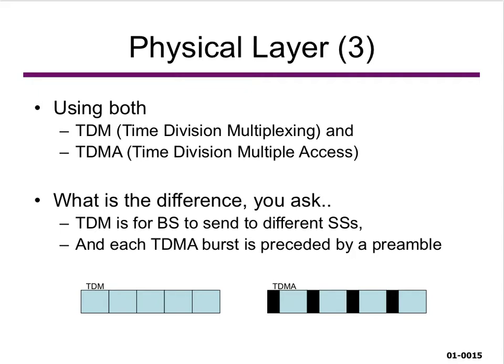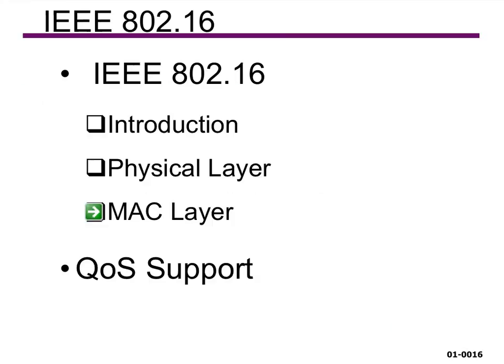If there is any clock drift, we need to account for it by having these gaps in between the time slots to compensate for any drift that might happen between the clocks of these different nodes. So that's the main difference. This is in the downlink and the uplink.